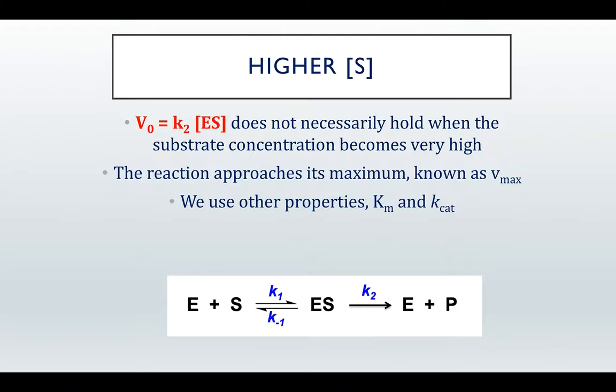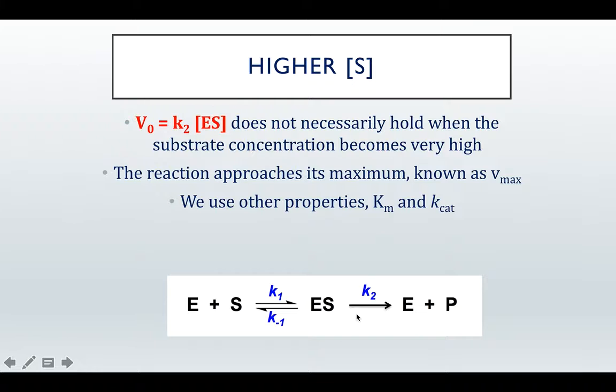The equations we use in the beginning are not the same ones we use the whole entire time. So the reaction approaches its maximum velocity, known as Vmax, and then we have to use Km and Kcat. I know you guys were confused about the points of these two variables right here, and that's what we're going to talk about mostly for the next few minutes, is the meaning of Kcat and Km, where they come from, and how they come into play.